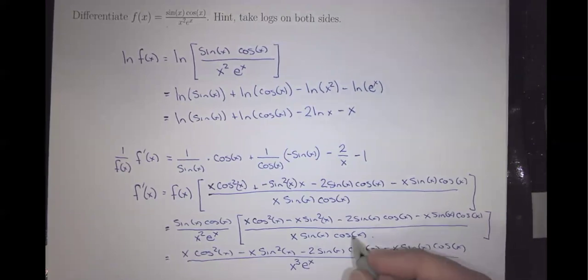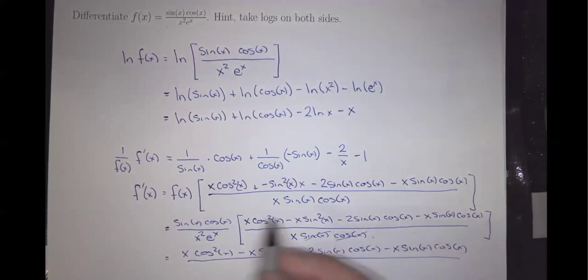And again, we see that the cosine and sine cancel here and here. My x squared and my x come together to give me my x cubed.